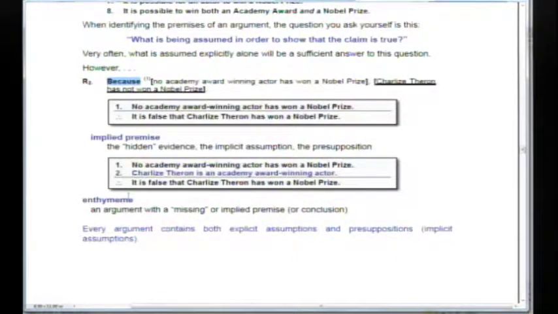So again, don't just go with the words and the order of the words in the passage used to assert the argument. Paraphrase. What's the claim that's being made? And then, what are the reasons that are being given in order to show that it's true? Sometimes those reasons will be implied rather than stated explicitly. And this is okay.